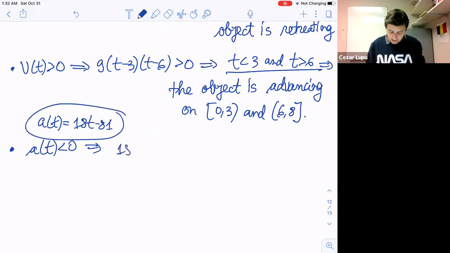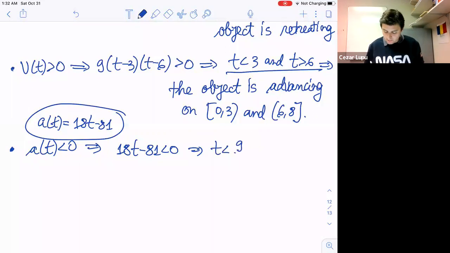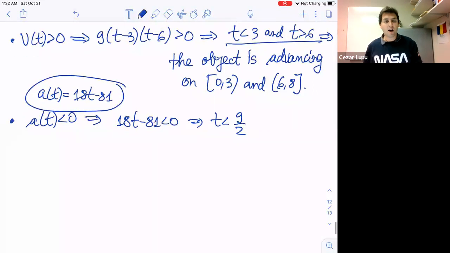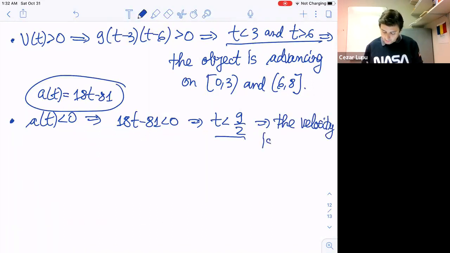So this means that 18t minus 81 is negative, so t is less than 9 over 2. So you can say that the velocity is decelerating.